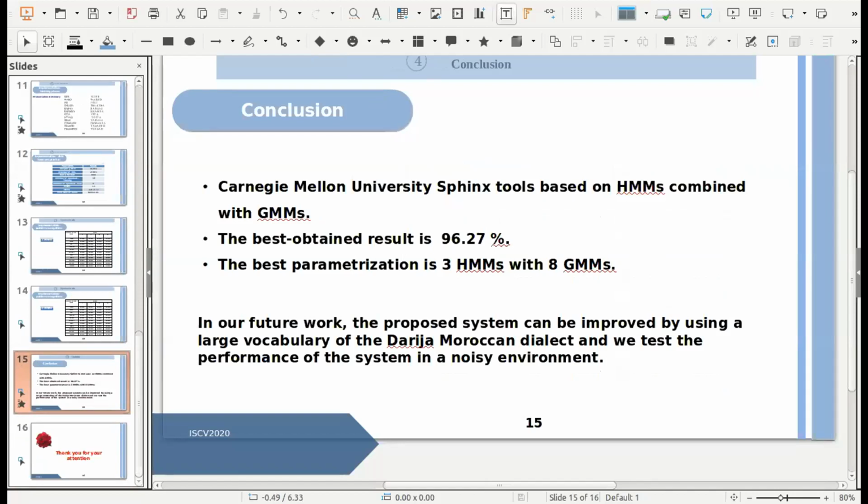This system was implemented using Carnegie Mellon University Sphinx based on HMM combined with GMM. The best obtained result is 96.27%. The best parameterization is 3 HMM with 8 GMM.